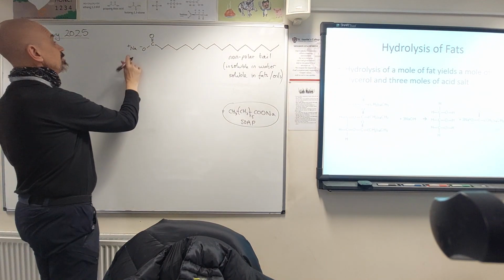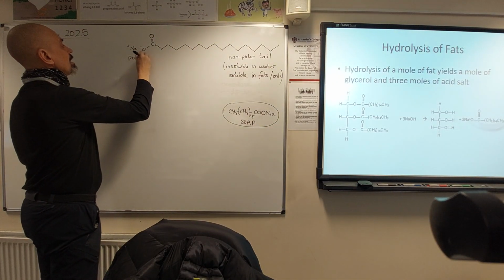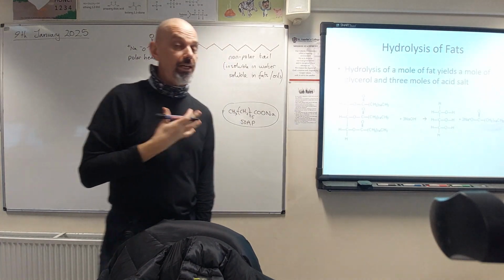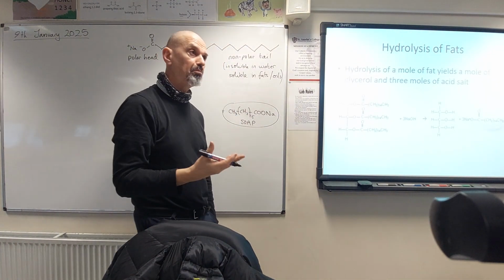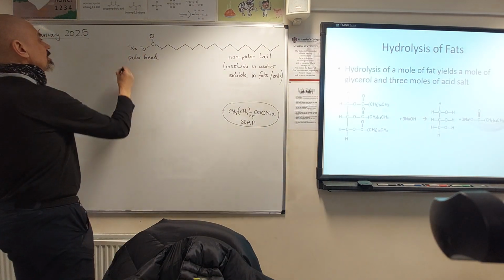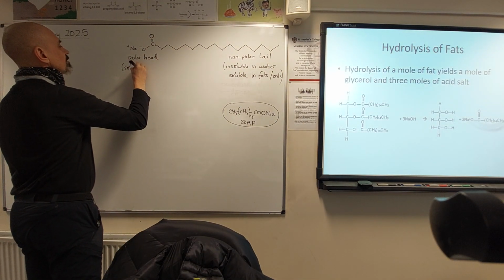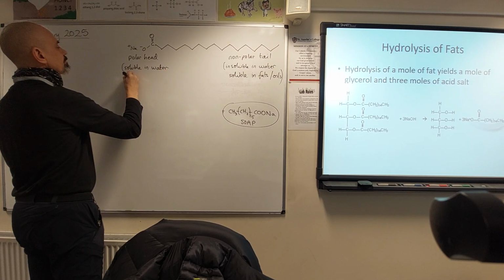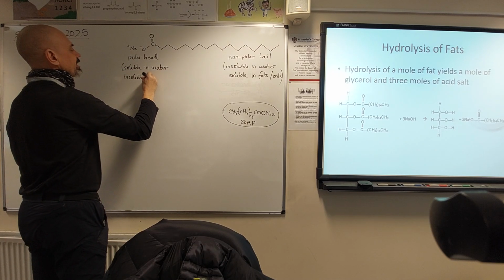And on the other end, we've got the head end of the molecule, which is polar, and polar substances like salts, sodium chloride, are very soluble in water. Insoluble, obviously, in fats and oils.